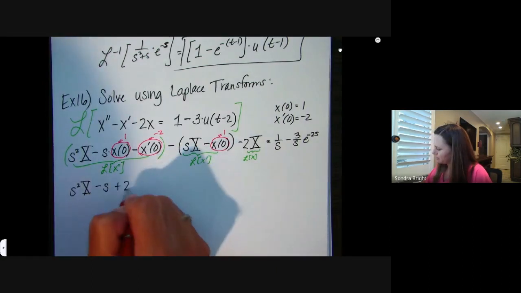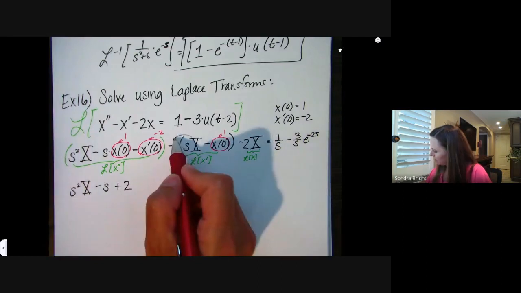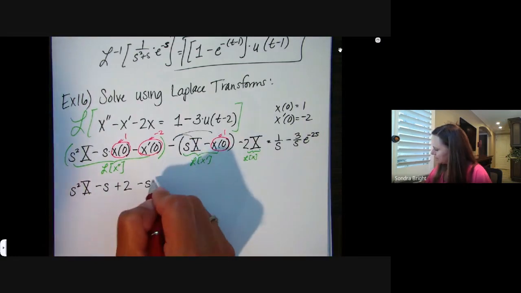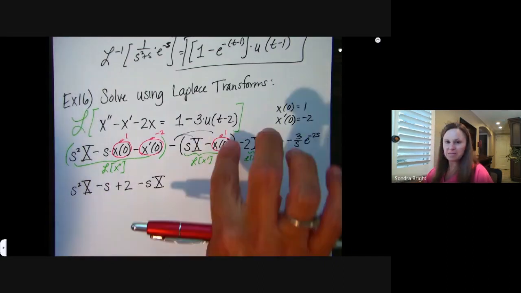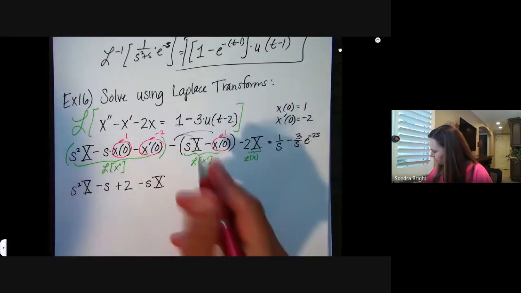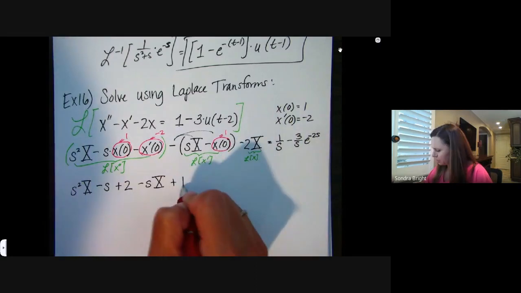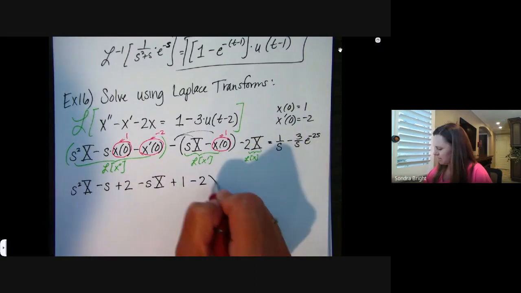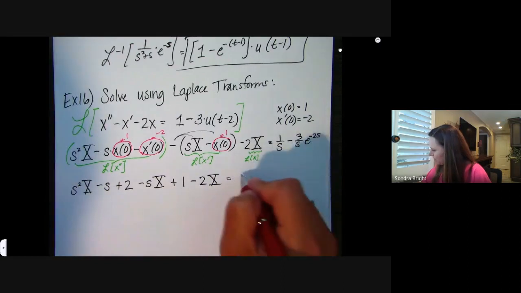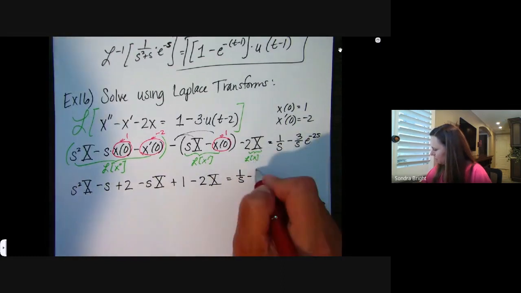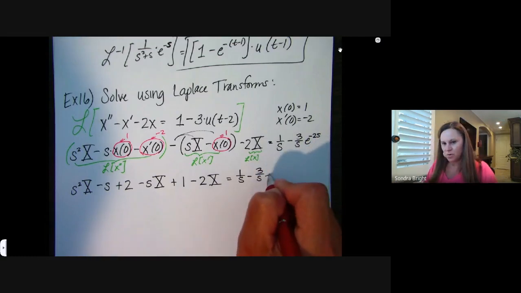Make sure you distribute this minus sign into both of those. So it's a minus s times capital X minus a negative 1. I know that's a positive 1, but it was a minus 1, so you end up adding 1. And then minus 2 times capital X. And that's equal to 1 over s minus 3 over s times e to the negative 2s.